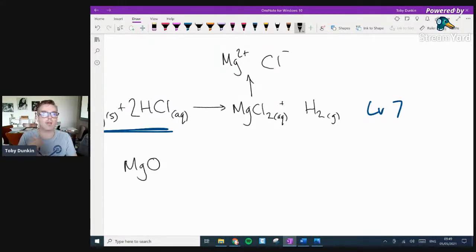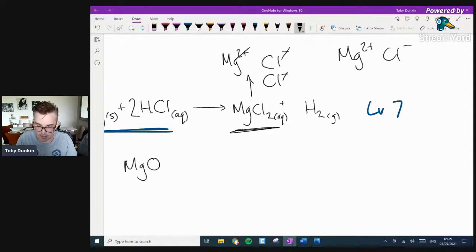The formula of any compound is due to the ions cancelling out each other's charges. So if I have 2 Cl minuses, the charges now cancel out, and I end up with the formula of MgCl2.